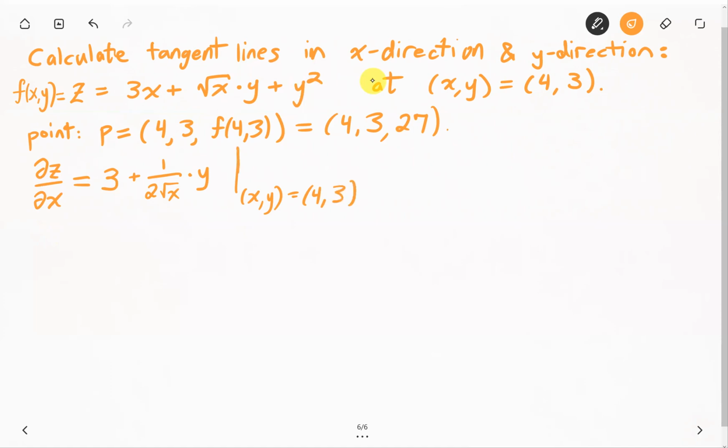I use this symbol for evaluating a function at a point. So it's going to be 3 plus 1 over 2 radical x is going to be 1/4 times 3. That's 3/4. Or if you'd like to put everything on a common denominator, 3, of course, is 12/4, so this is 15/4.